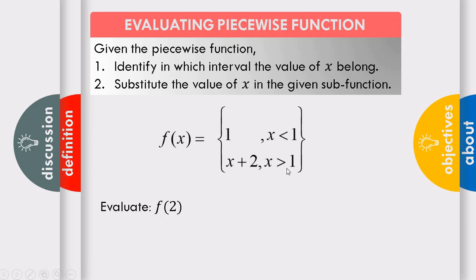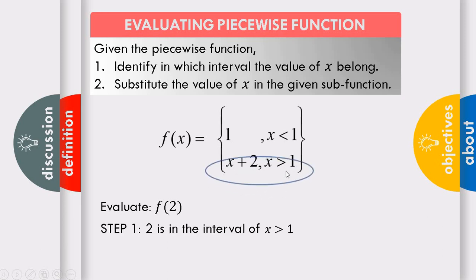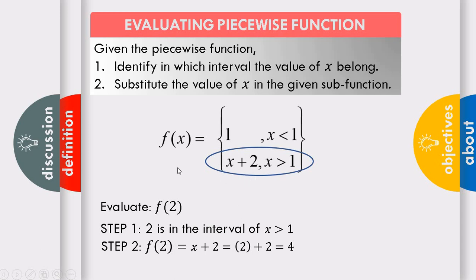Is 2 greater than 1? Yes. Therefore, we will be using the second subfunction, f of x equals x plus 2, with input 2. So 2 plus 2 equals 4. Therefore, f of 2 equals 4.